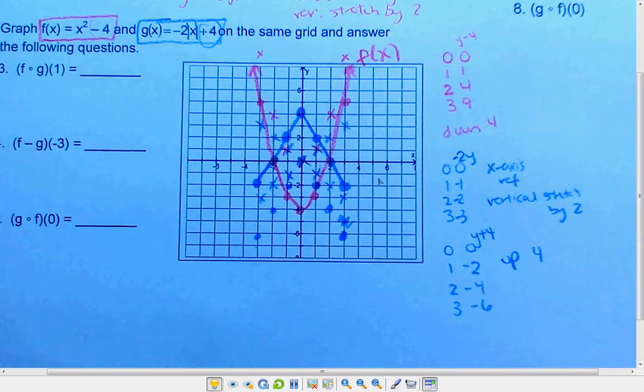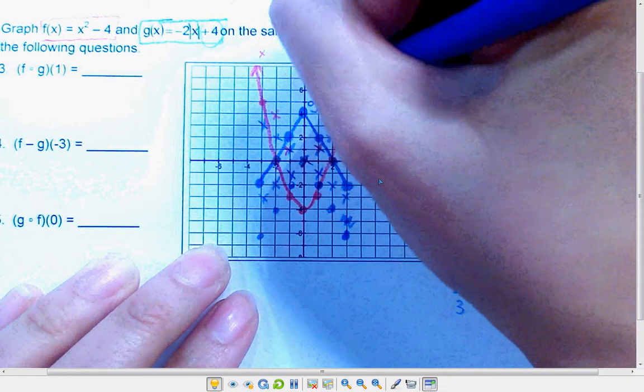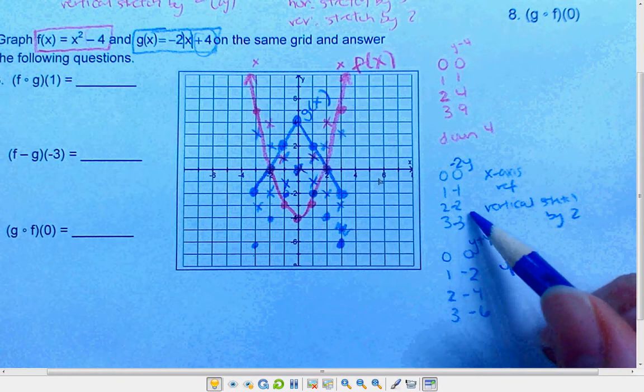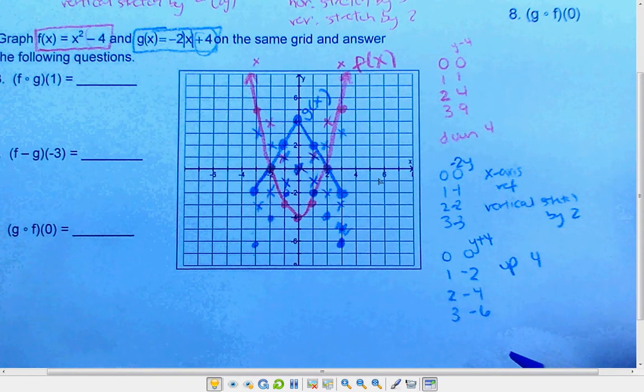So that's my new function. This is g of x. Again, you could have just added 4 to all your y's and plotted those points.